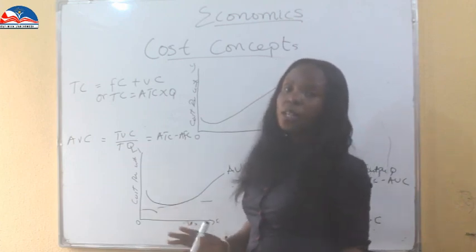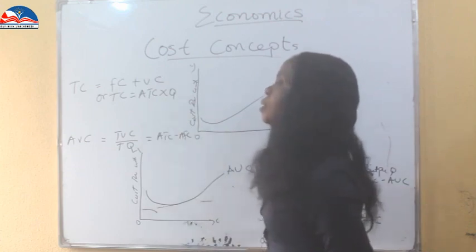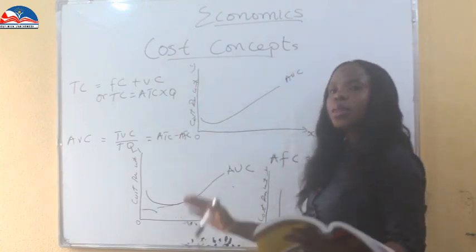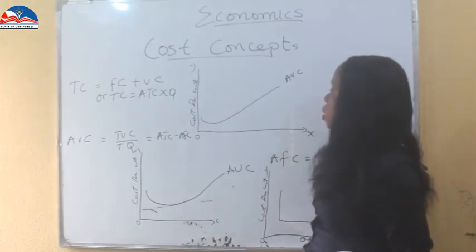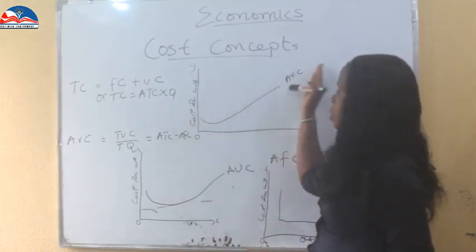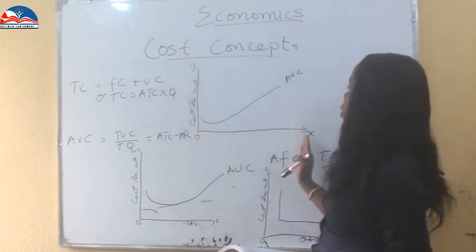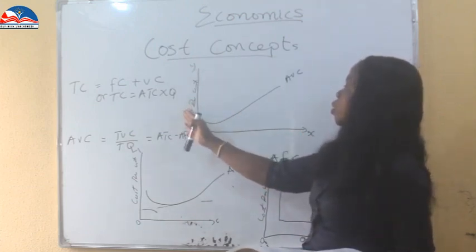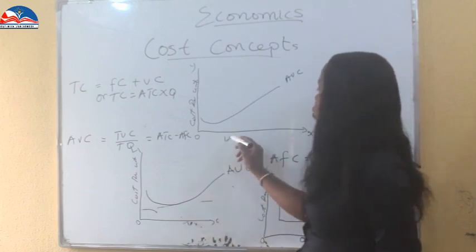If we put it in the schedule, it will be clearer. So what is the pictorial or the curve shape of total cost? This is how it is. Where we have the y-axis, the point of origin, and your x-axis. Here is your total cost per unit, and here is your output.